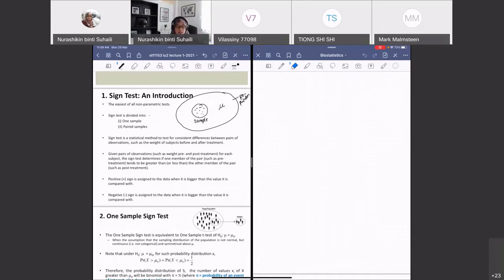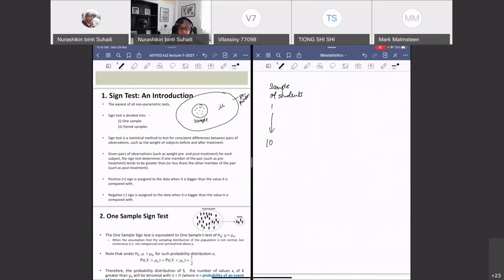Another example is when there is one sample, but it undergoes two situations. Let's say a sample of students, from student 1 to 10.